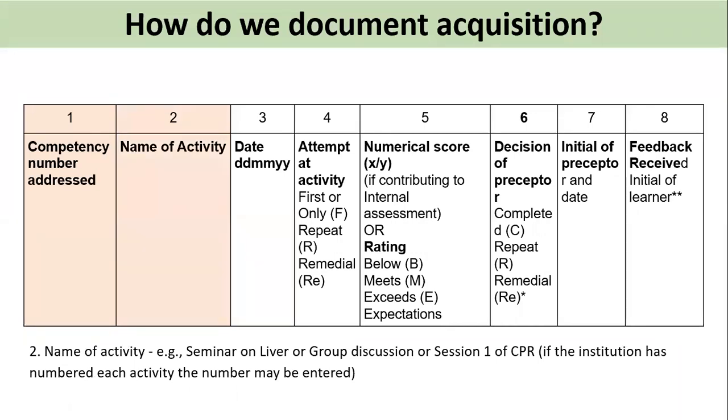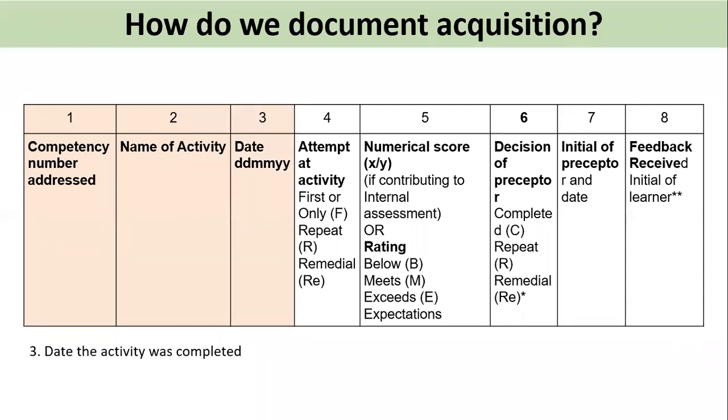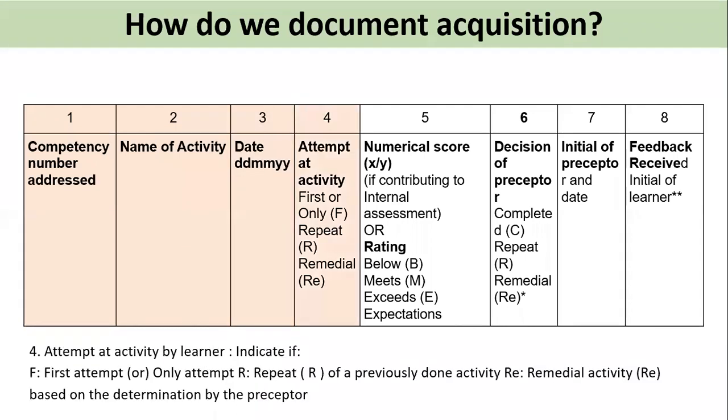And if for a particular psychomotor skill there are multiple sub-activities or sub-sessions, and an institution has planned or numbered those sub-sessions, then the sub-session number can be entered in this particular form. Then, of course, the date on which the activity was completed. Then attempt by the learner. F is first attempt, R is repeat, and RE is remedial activity. This is to be done by the preceptor.